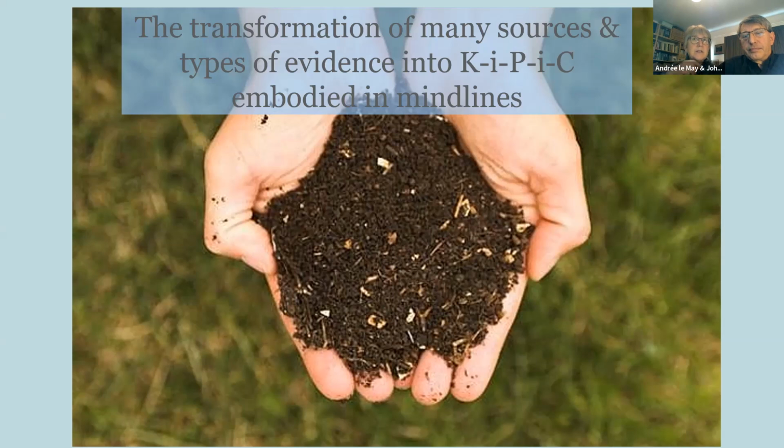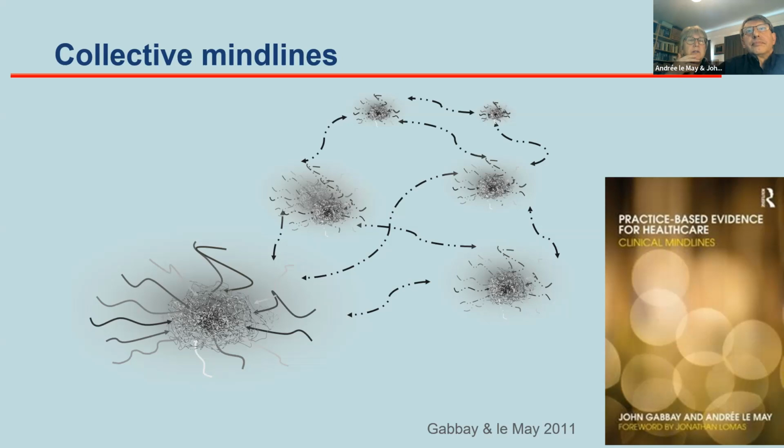And of course, it's not just simply one individual's minds, but it's a process that is shared, knowledge is shared amongst practitioners to make collective mind lines about how to do practice in a team, how to do practice in a general practice. So exposing those collective mind lines, talking about them, is really critical. And if you're interested, you can read more about that and our earlier slides in that book.